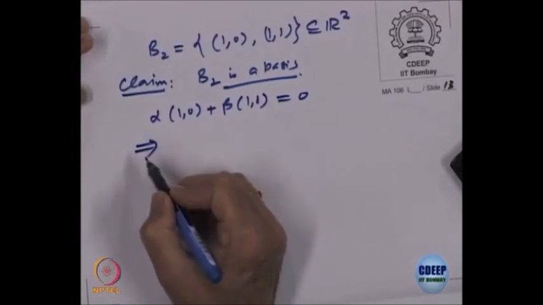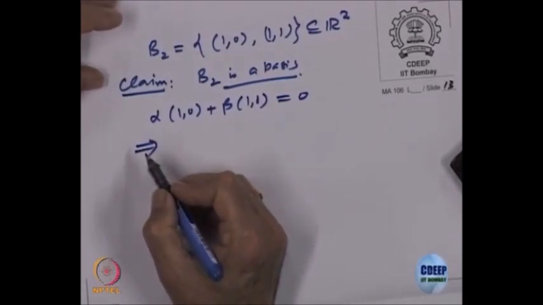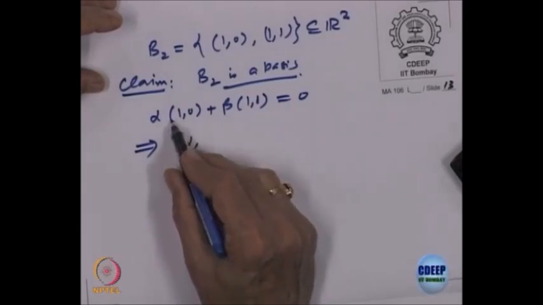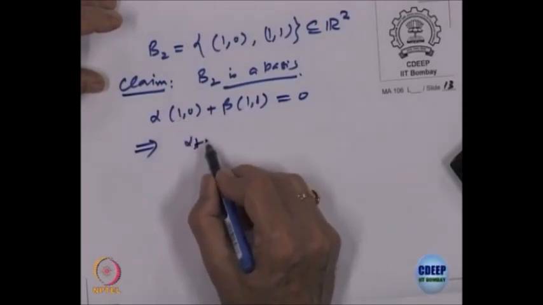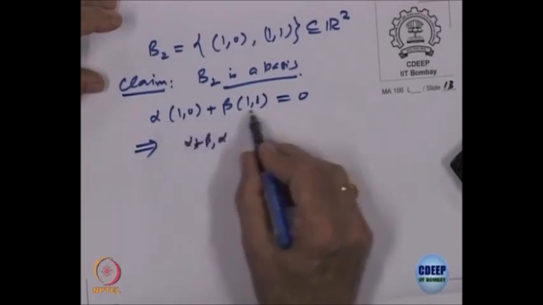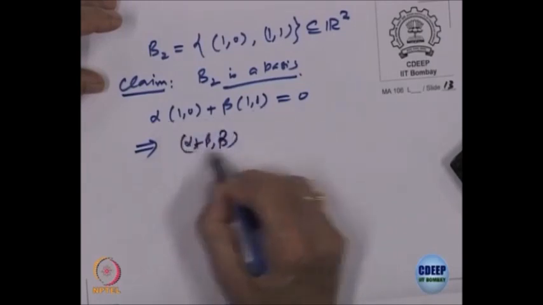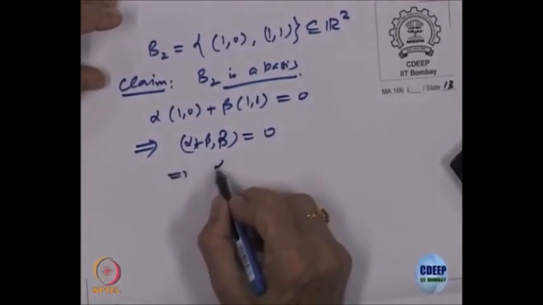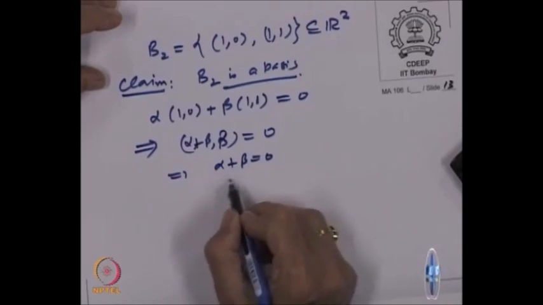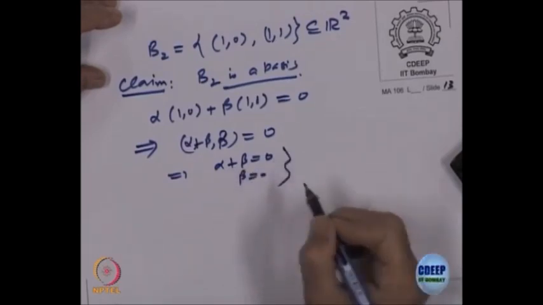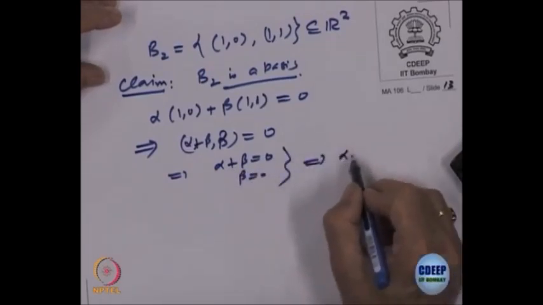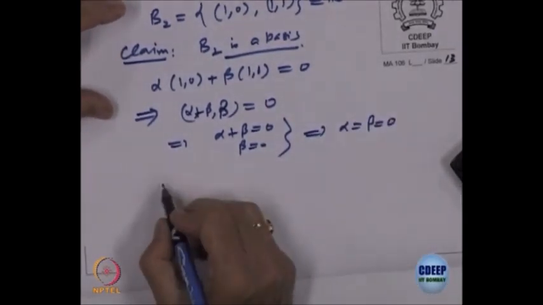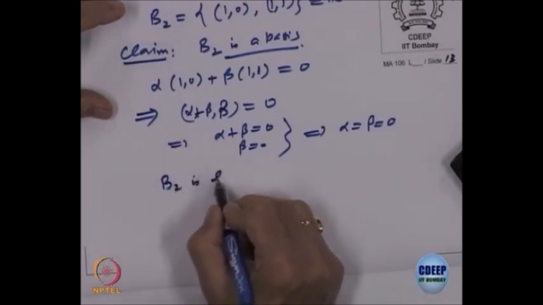A linear combination equal to 0 implies (alpha plus beta, beta) is equal to 0. So, alpha plus beta is equal to 0 and beta equal to 0, which implies alpha equal to beta equal to 0. So, the set B2 is linearly independent.